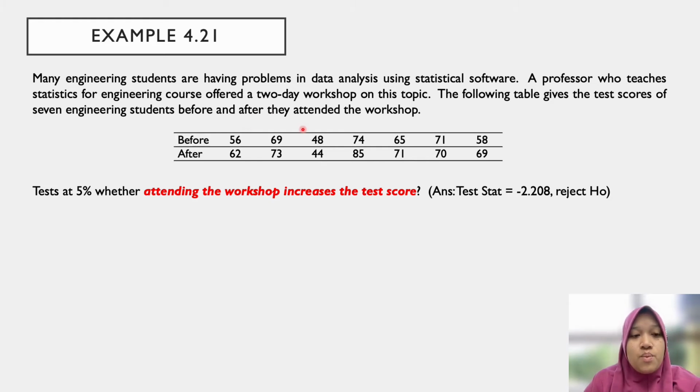So what we want to test here is, at 5%, whether attending the workshop increases the test score. You need to imagine what it means that attending the workshop increases the test score.